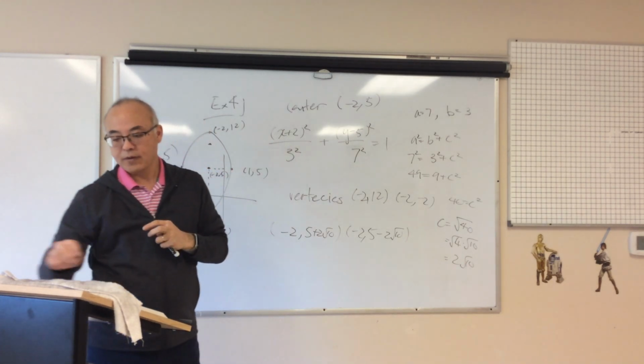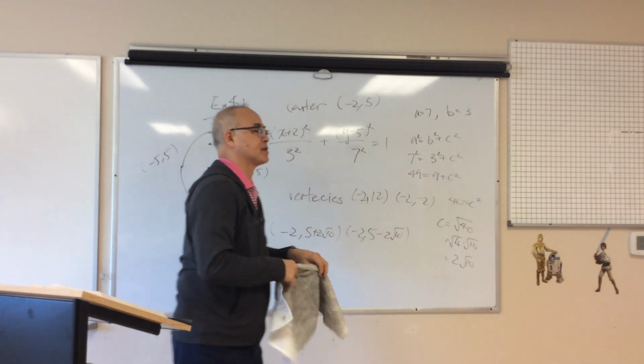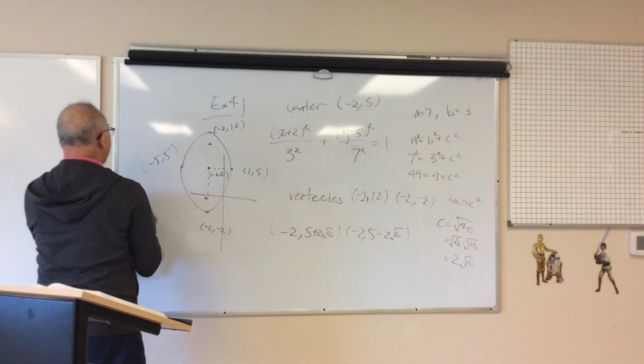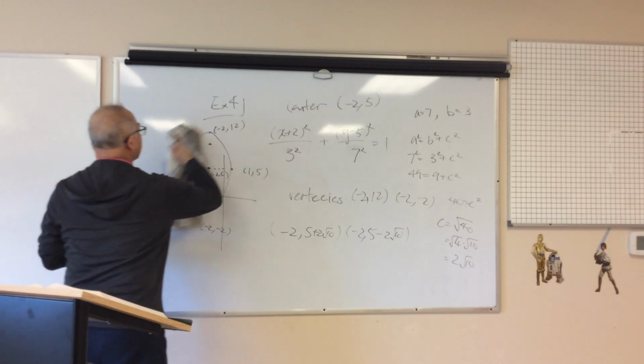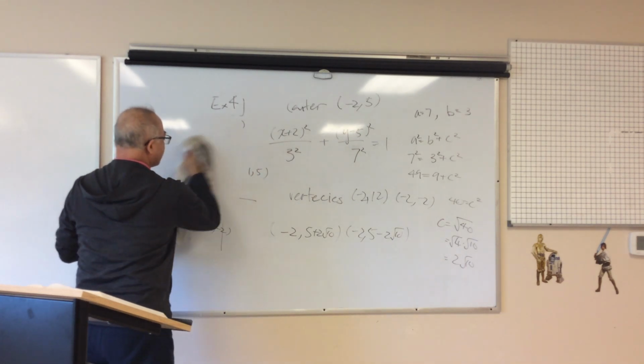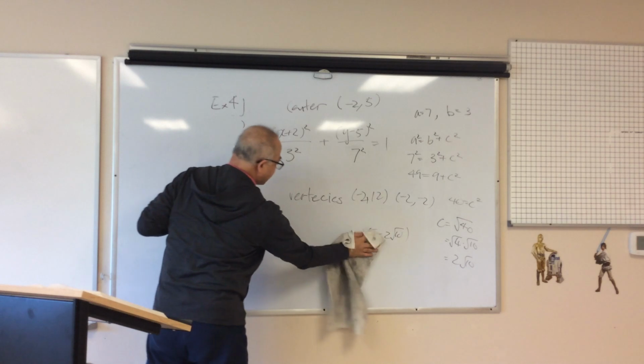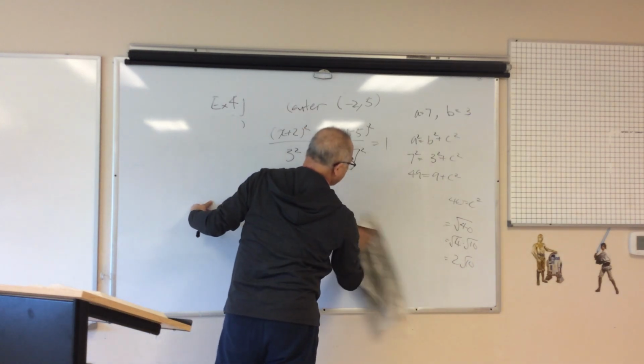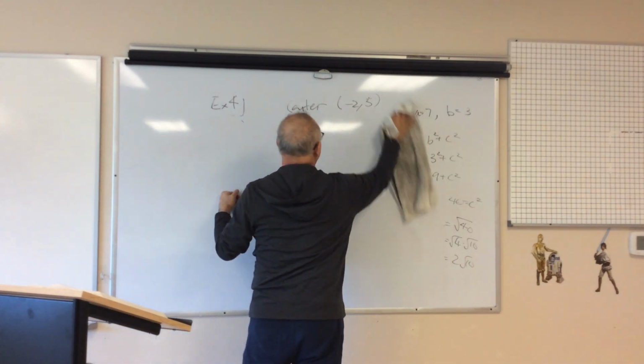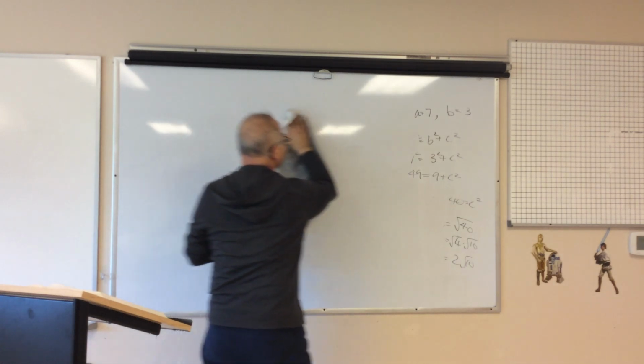Okay? So in the ellipse, there is something that you did not have in the parabola, that you do now have in the ellipse, and we will find out next lecture in the hyperbola also: something called the eccentricity.